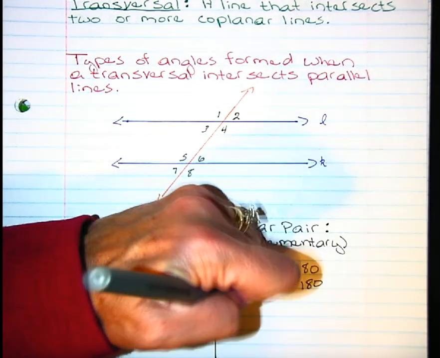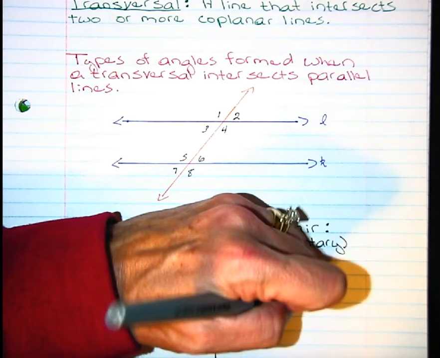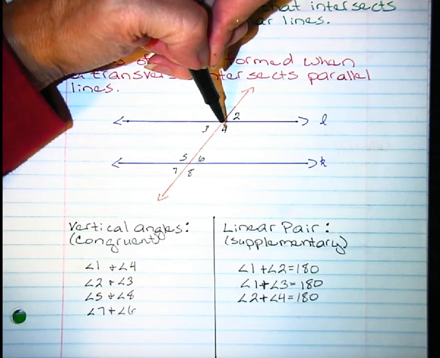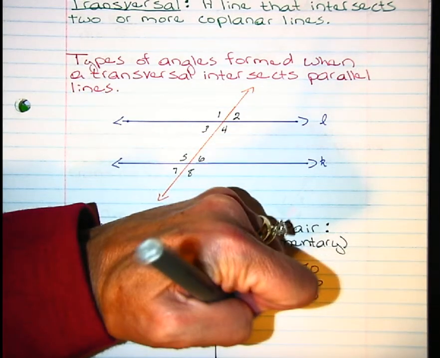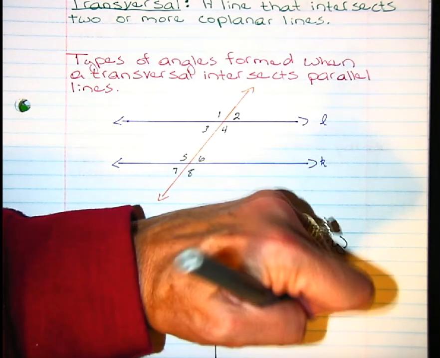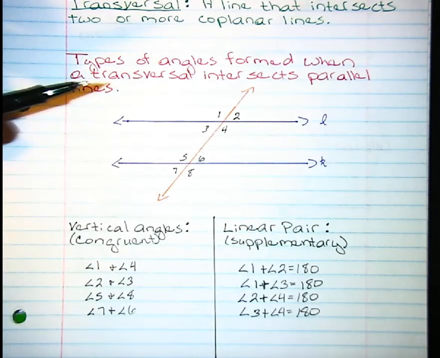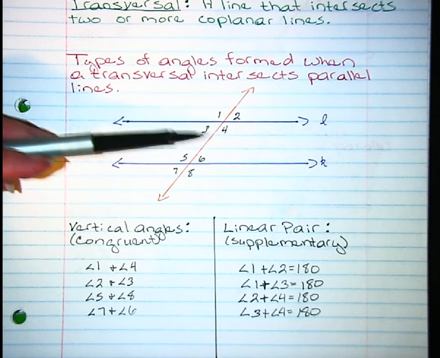So angle 2 plus angle 4 equal 180. And I can say angle 3 and angle 4 are a linear pair. So that's 4 linear pairs that are all right here in the first intersection.